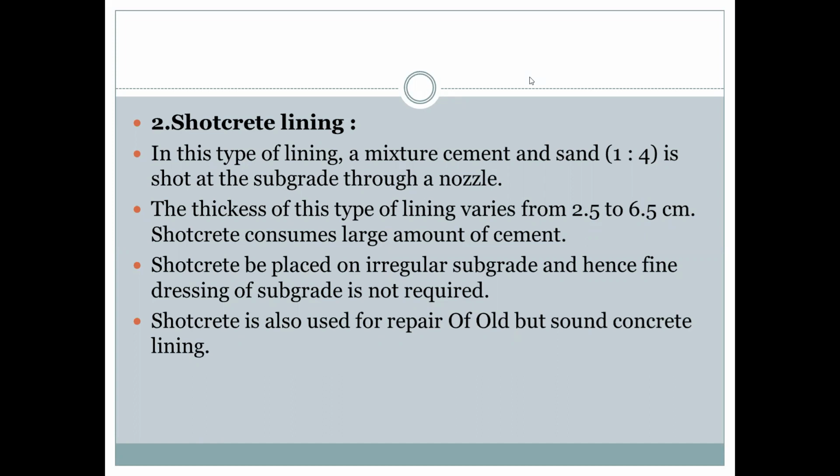The mixture of cement and sand is shot at the subgrade through a nozzle, applied where the lining is to be done. So it is shotcrete lining. This mixture of cement and sand is laid through the nozzle system.